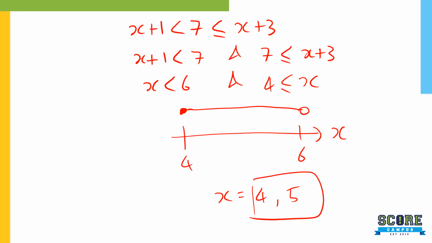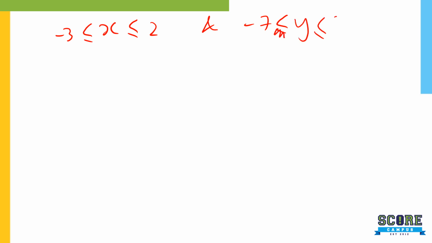Another type of inequality question you will see is something like this, where you have x is greater than or equal to minus 3, smaller than or equal to 2, and y is between minus 7 and 3.